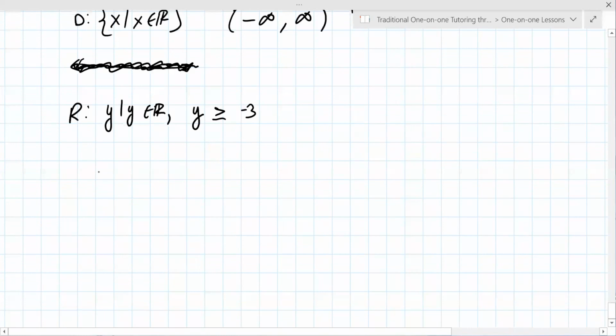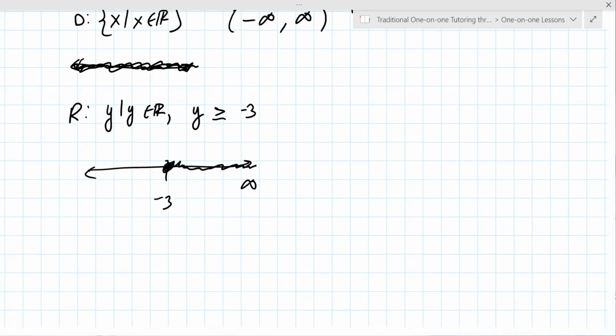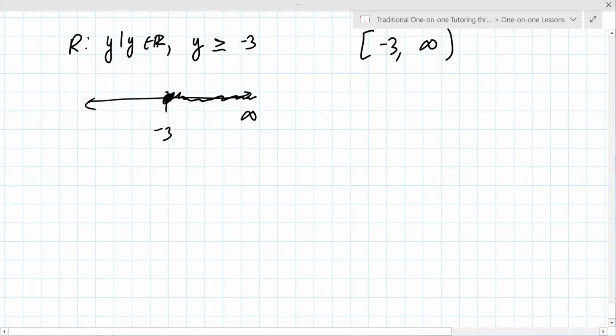So again, on your number line, there's -3, and it's all of those numbers. And then that would be -3 to infinity. Yes, now it's bracket -3 to infinity. Why is it a bracket?